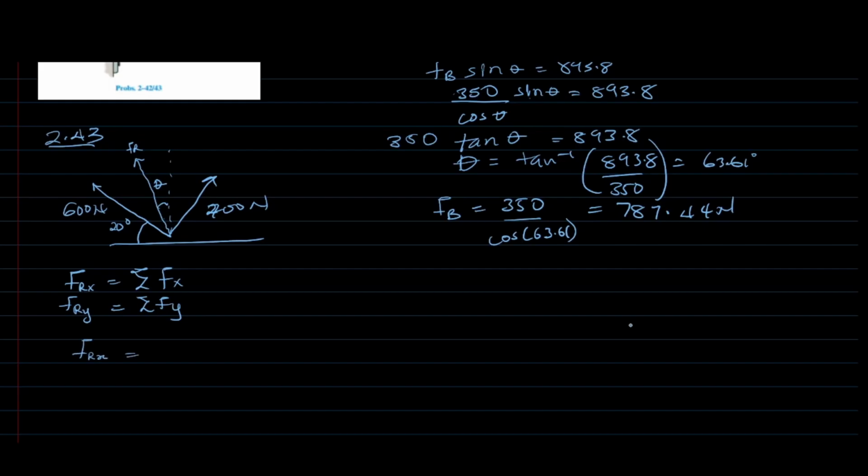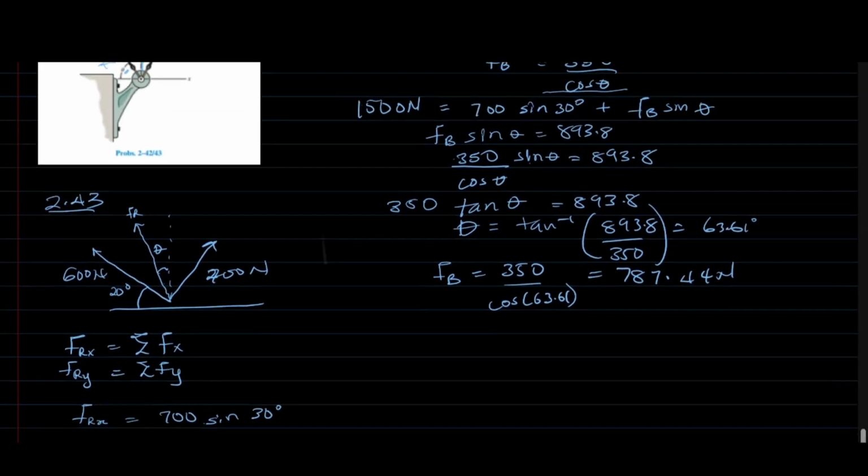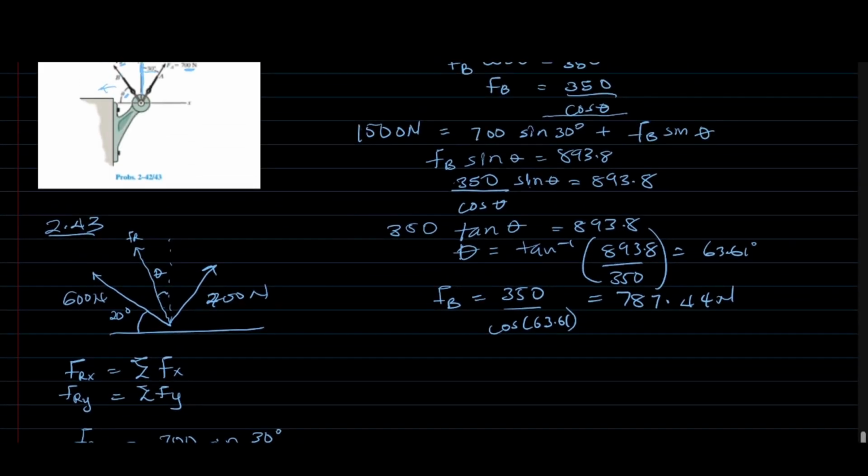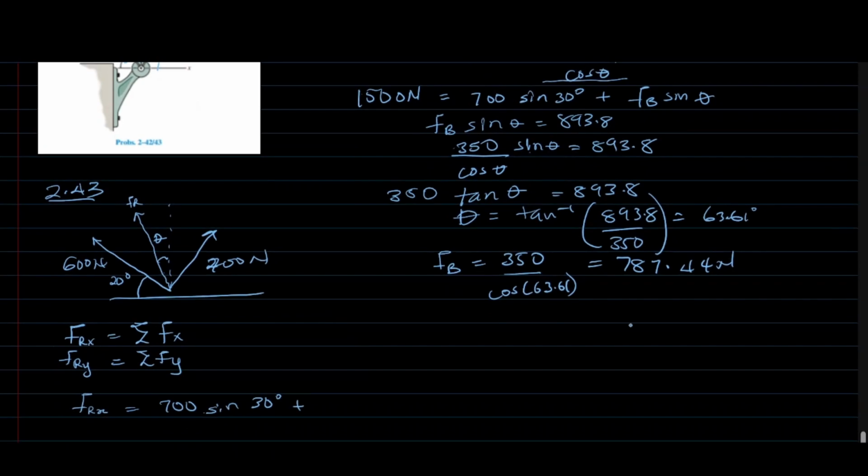But the x components will be 700 sine 30 degrees, you can see at this point, this is the x, this is the y, plus 600, since this is 20, it will be sine 20 degrees, equals, when we calculate it, 213.8 newtons. So that's FRx.